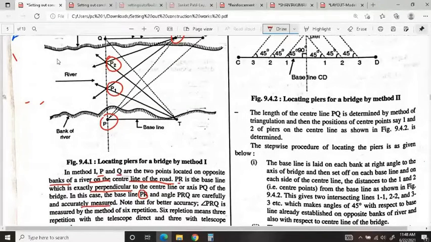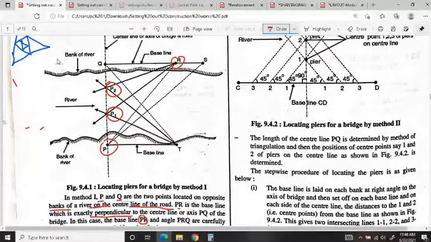So what we are doing is triangulation, which you have already learned, and also in hydrographic surveying you learned how to locate the 2 points by standing on the shores.